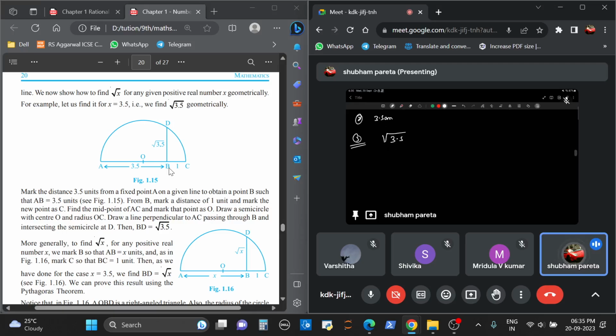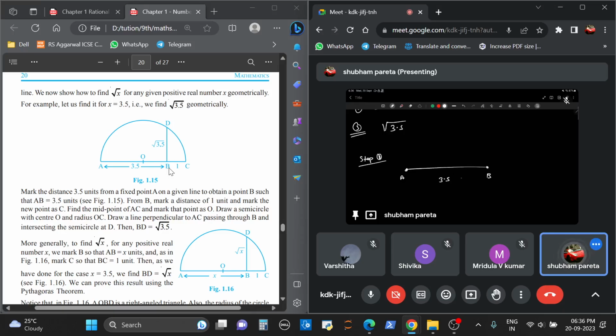First of all, you have to mark a line which measures 3.5 centimeter, and this is step number 1.